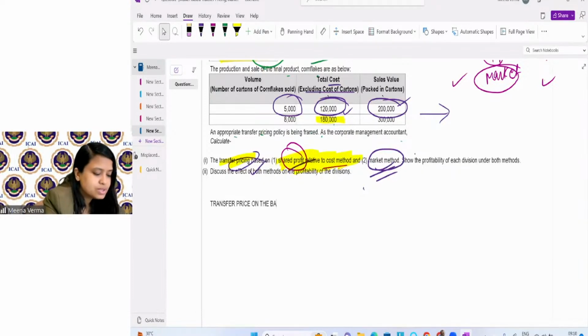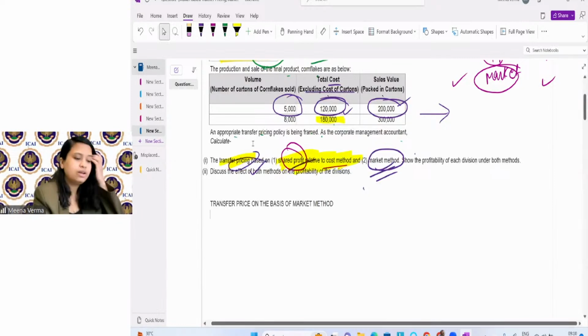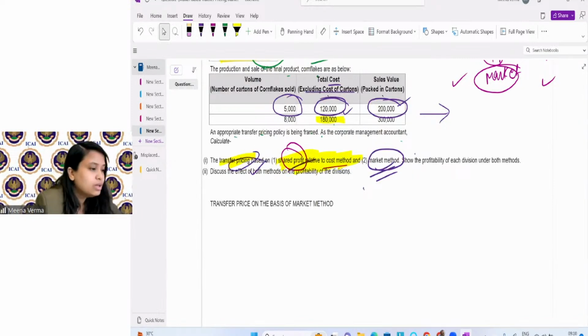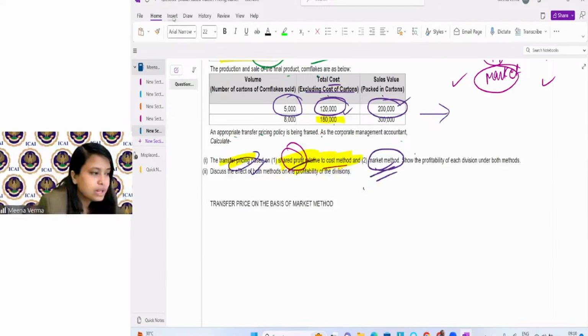What is the basis of transfer price? Market method. So now we are finding it using the market method. All right, so let's do the calculation.